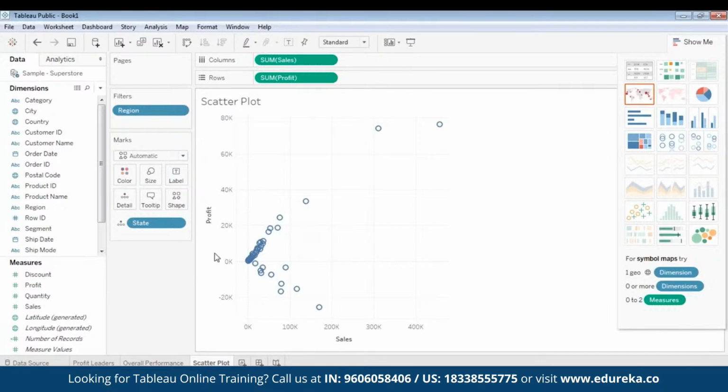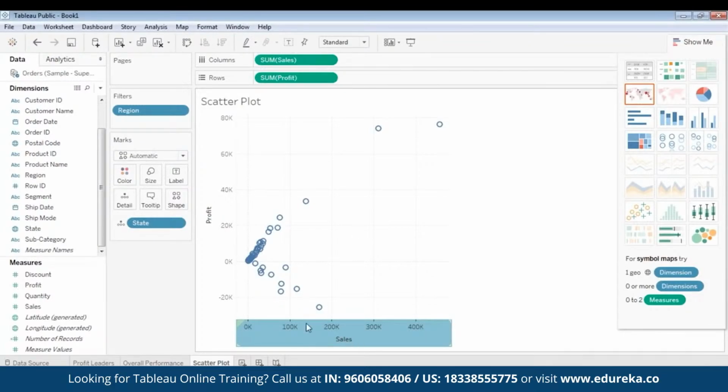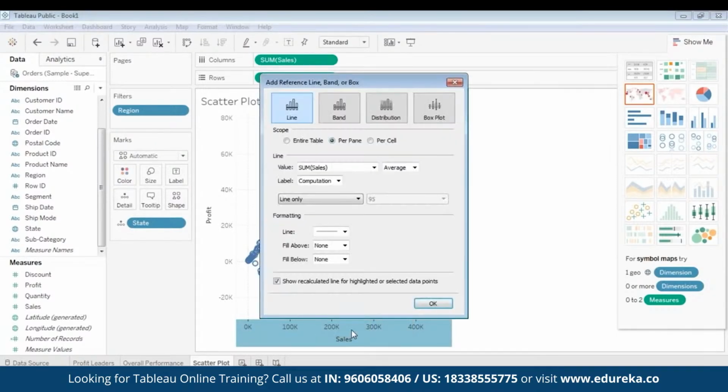Now let me show you how I can make my reference line the median value of sales and profit. If you just click on this axis, sales, you can see a blue color is there. Right click on this and go to add reference line. Okay, so we will make a reference line. Now for sum of sales, right now it is average, and average is not correct.